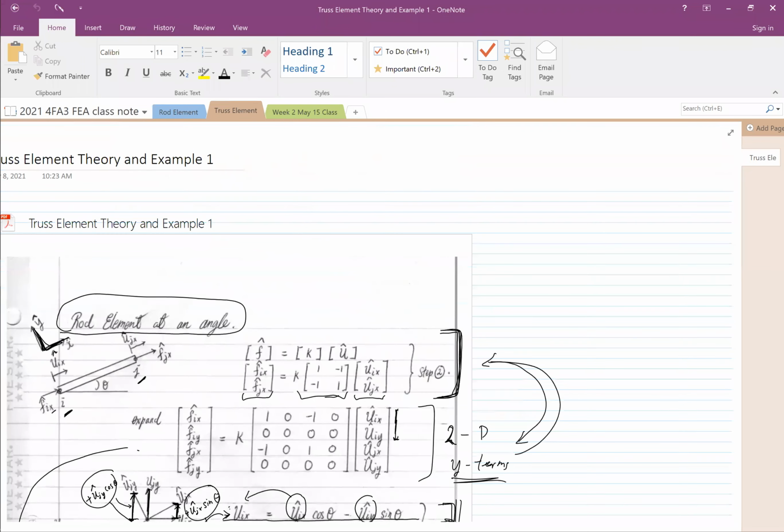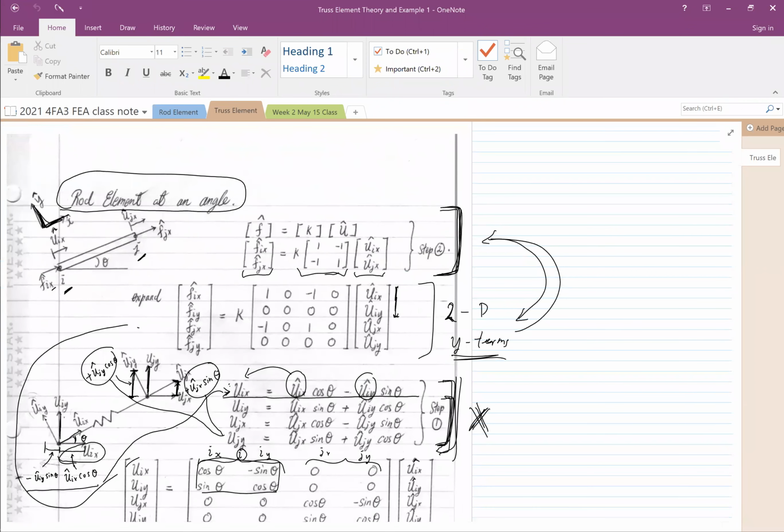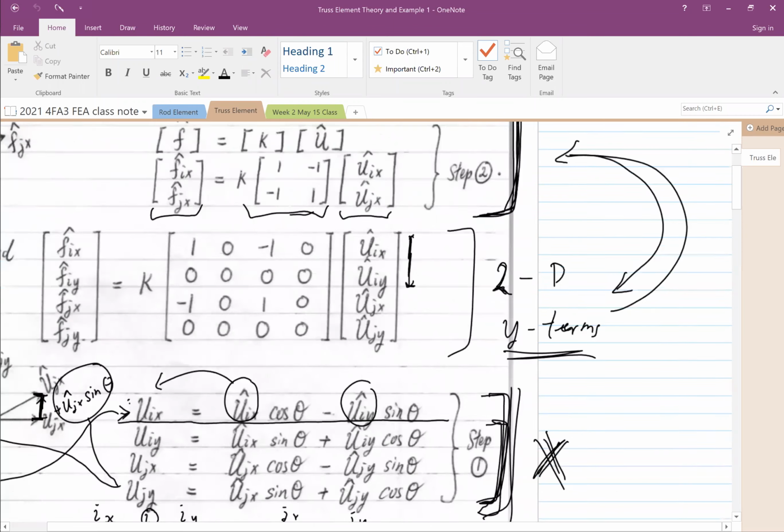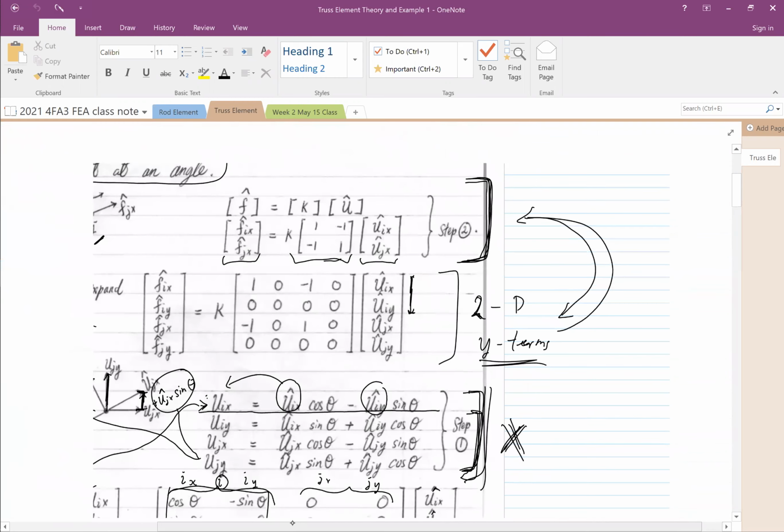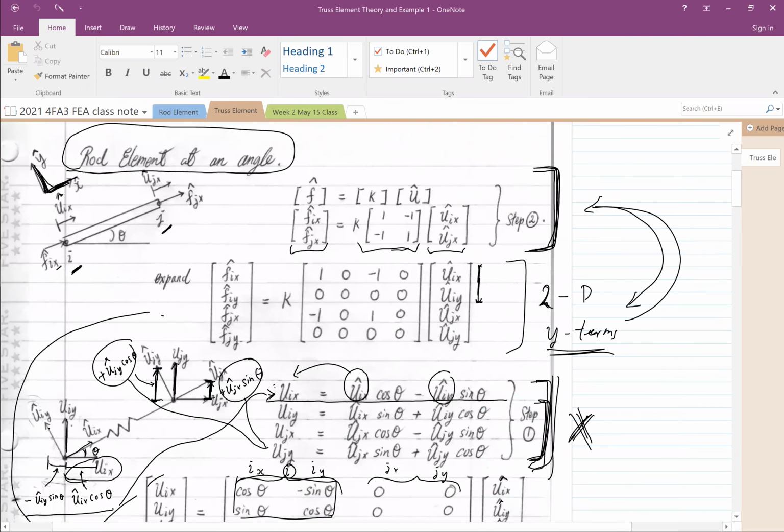Then we learned a new element, which is the rod element at an angle.